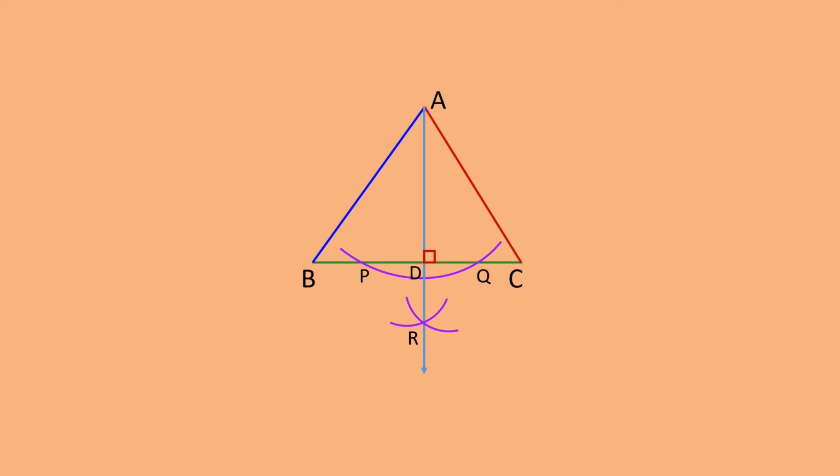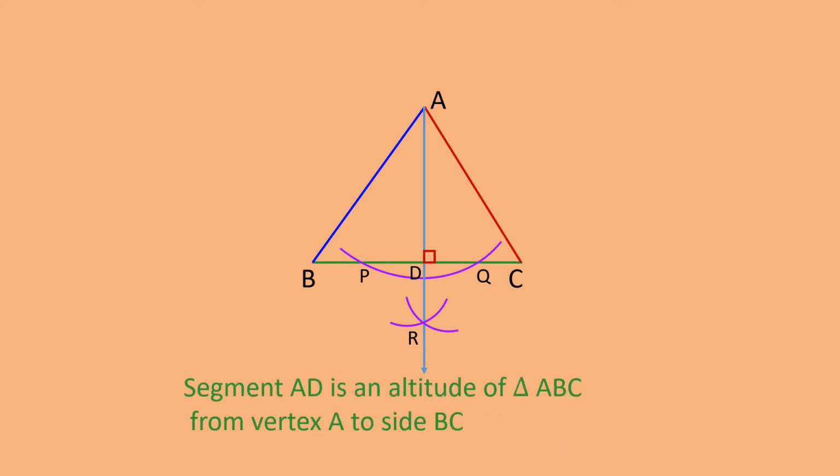Now AR is not an altitude, AD is an altitude. So we can say segment AD is an altitude of triangle ABC from vertex A to side BC.